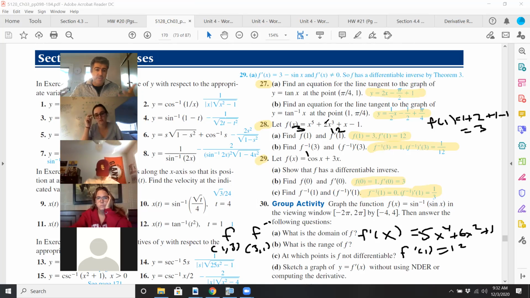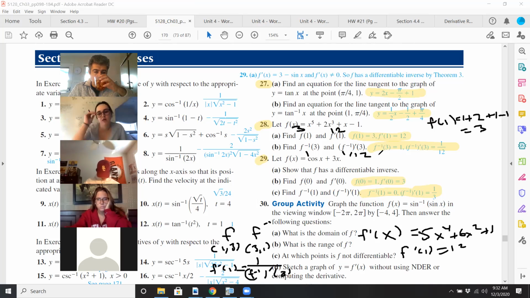So just realize that if you have 1, 3 as a point on the original, 3, 1 is a point on the inverse, right? They switch x and y. So therefore, f prime 1 is the reciprocal of the derivative of the inverse evaluated at 3. Well, we know f prime 1 is 12, so therefore this is 1/12. That's all we're doing there.